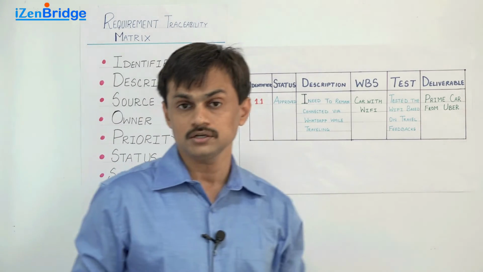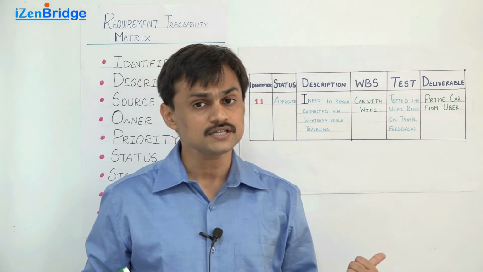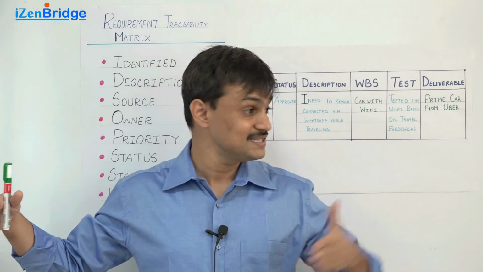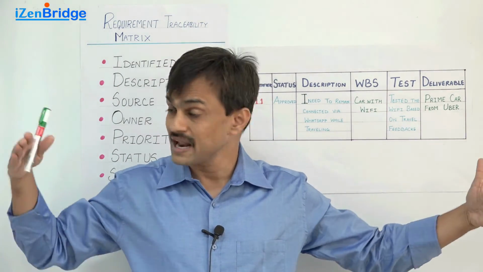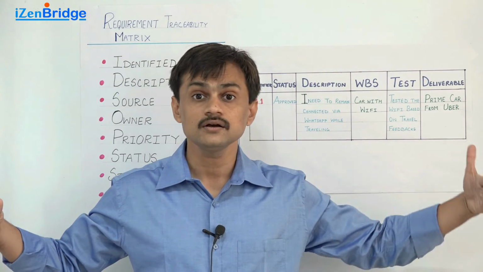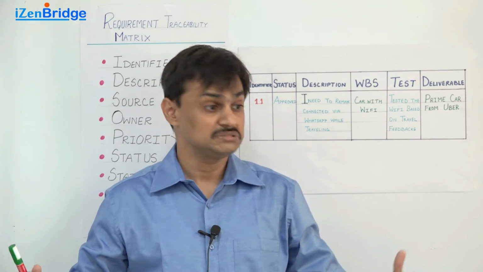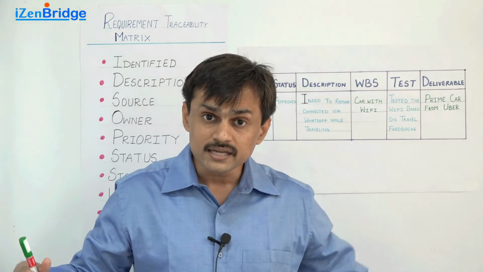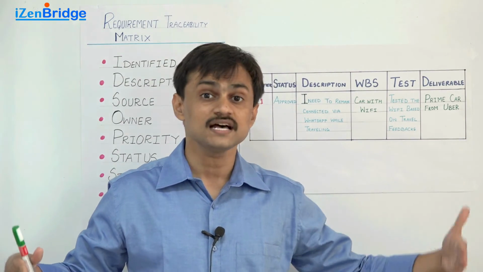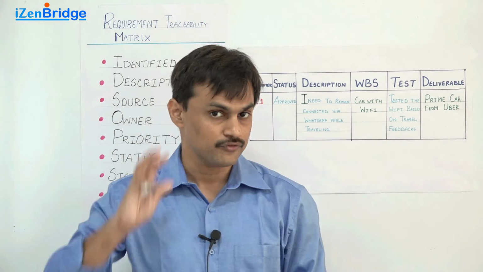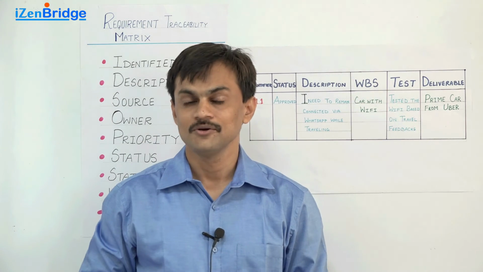So in simple words, it's a tool which gives us traceability of a requirement from its source till its implementation, from an idea till a running component solution, from a requirement problem till a running solution which is accepted by the stakeholders. So it gives you a grip from a requirement dimension point of view.